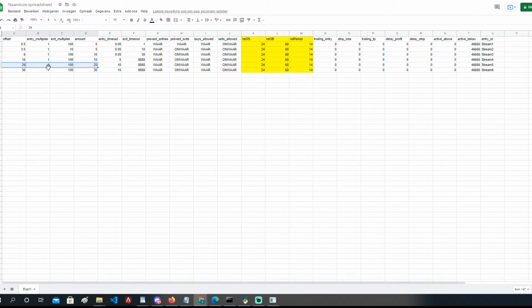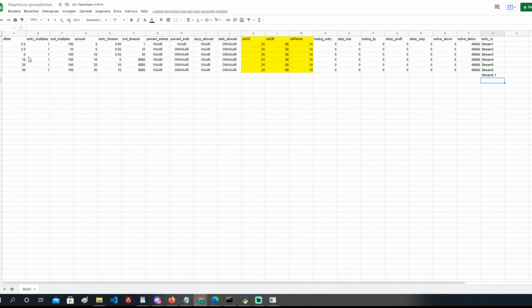So I can create children for stream 5. I copy over the name, paste it in here, and to create children, you have to place a dot behind the name, and then it's the first child, so dot 1. This is the first child of parent stream 5.